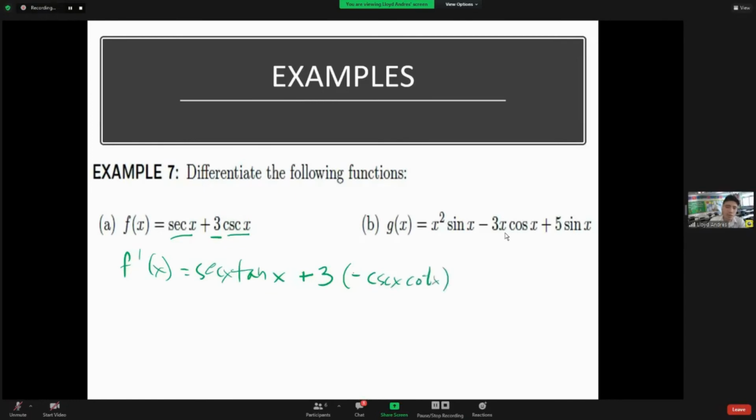Let's simplify. That's secant x tangent x, 3 times negative, so negative 3 cosecant x cotangent x. So actually that is the final answer for its derivative.